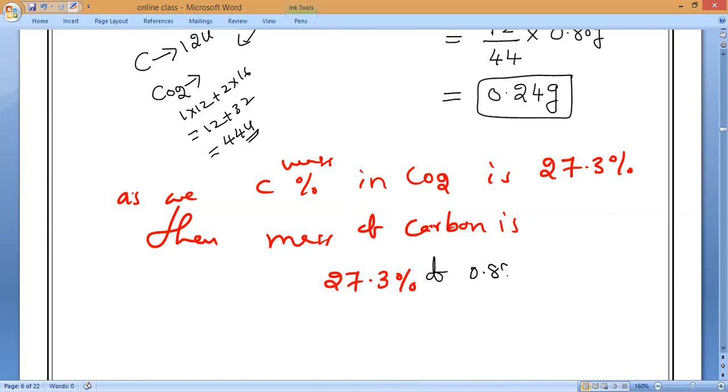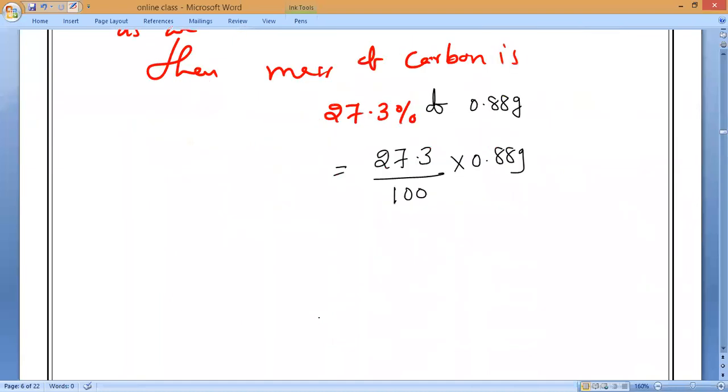What is the total mass? 0.88 grams. The percentage symbol means by 100, so 27.3 by 100 into 0.88 grams. If you solve this one also, you will get the same answer. What answer do we get? 0.24 grams.